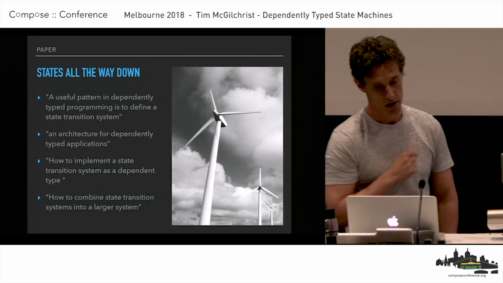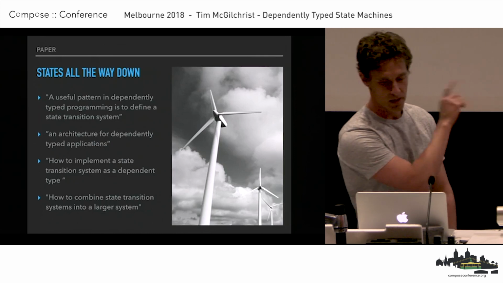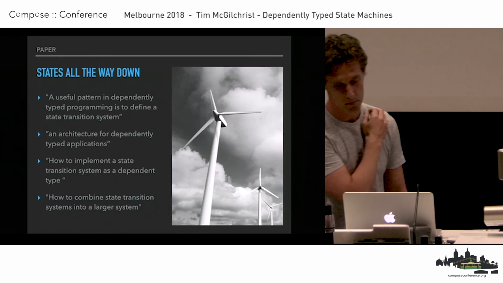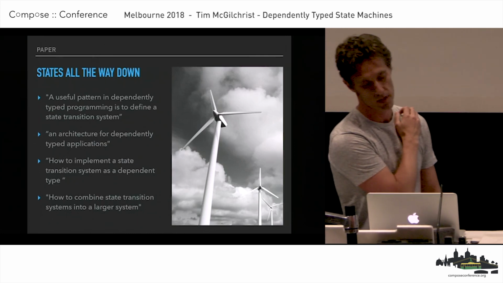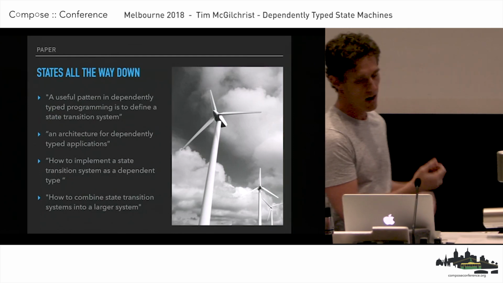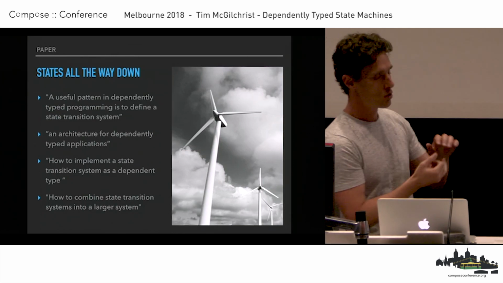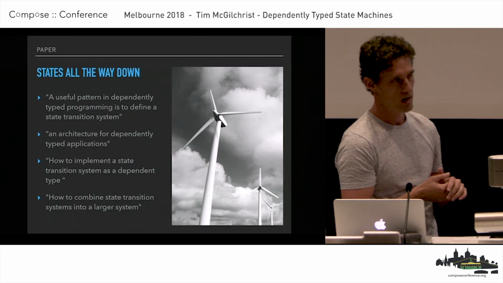So he talks about a useful pattern in dependent typing, which is to define a state transition diagram or a state transition system. It gives an architecture for how to build applications with state machines.